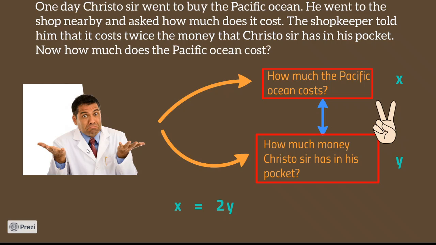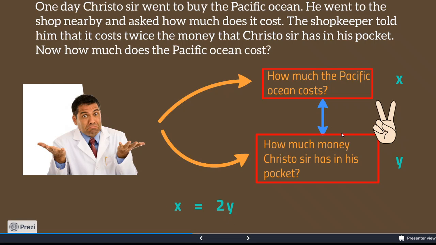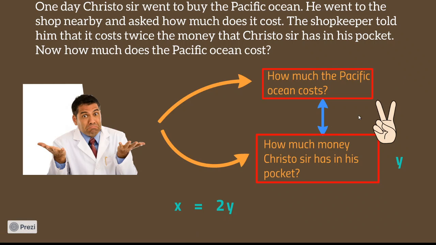So we see that there is a relation. Now I don't have to use the variable x. Instead of x, I can use 2y because x is equal to 2y. So I will change this x and call it 2y. Wow. Now see, I only have one variable, the variable y. So if you read the question carefully, sometimes you might be able to decrease the number of variables.